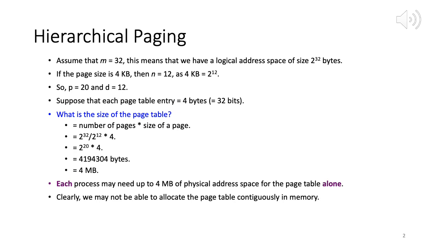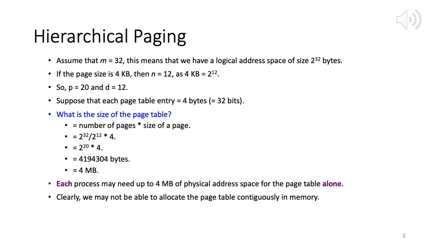So 2 raised to 32 is 4,294,967,296. It looks like it's roughly 4 GB.